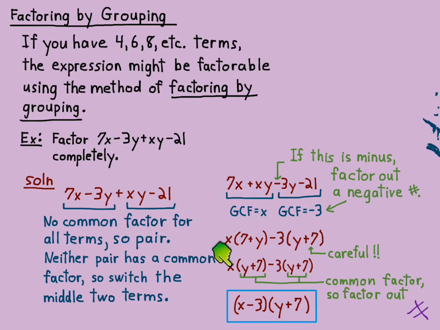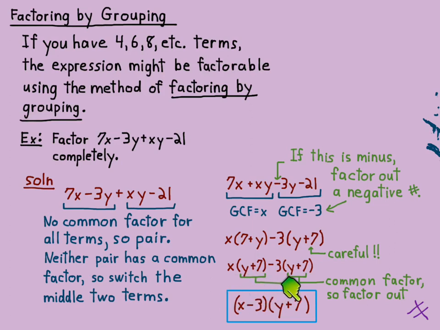And I have an x minus 3. Or you can write down this y plus 7, take each of these and divide them by y plus 7. If you take this first one over y plus 7, the y plus 7s cancel, and you get x. And then the second one over y plus 7, the y plus 7 cancels, you get minus 3. But you have to put these two in parentheses or it'll be wrong.